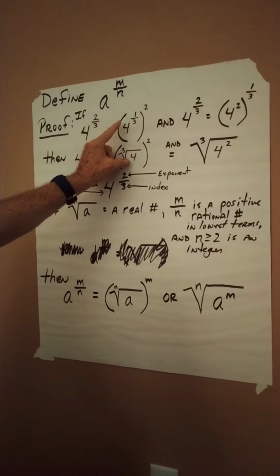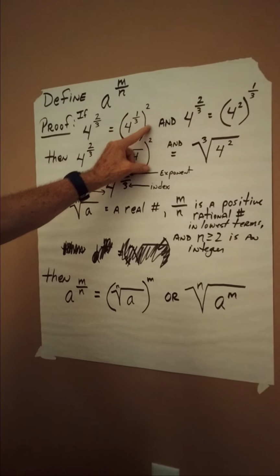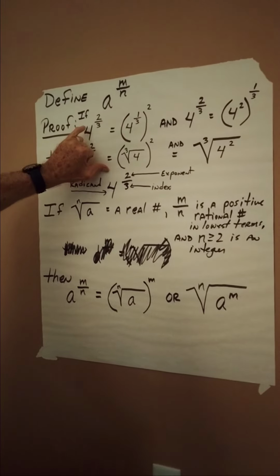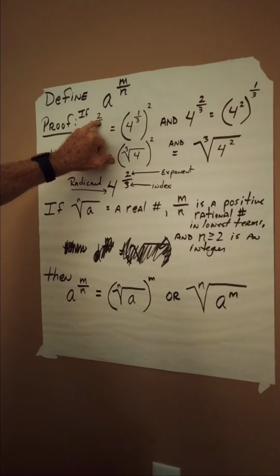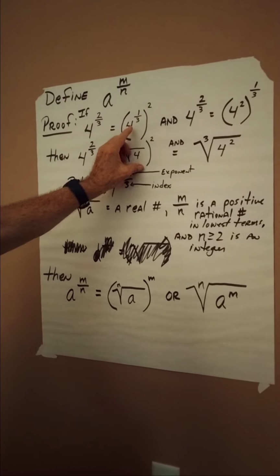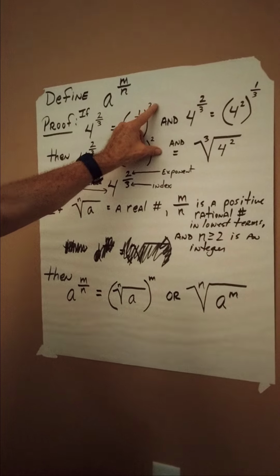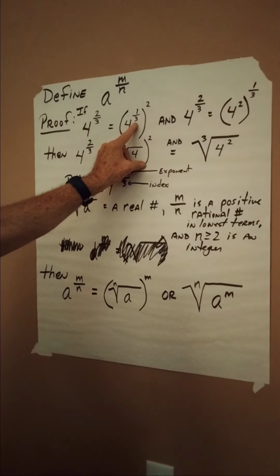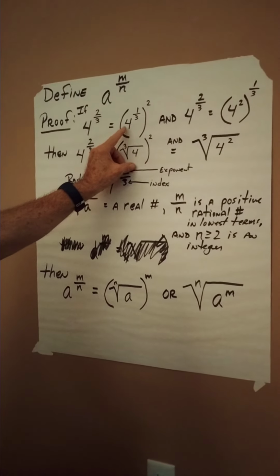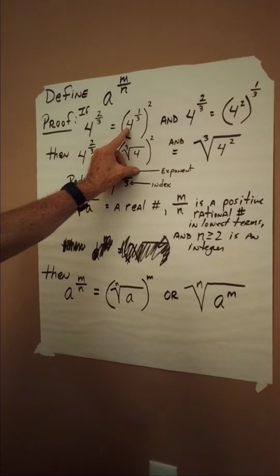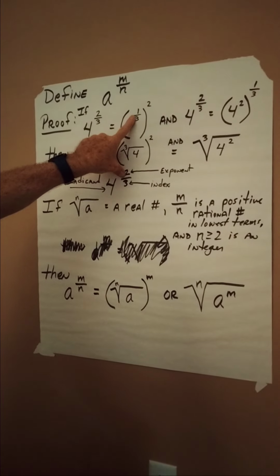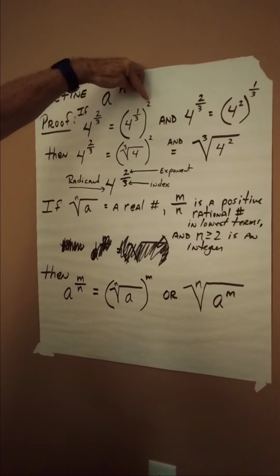We're going to look at it this way first. 4 to the 2/3 can be rewritten as the power of a power: 4 to the 1/3, to the second power.